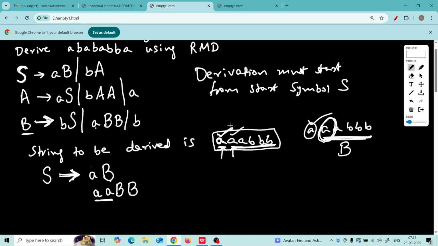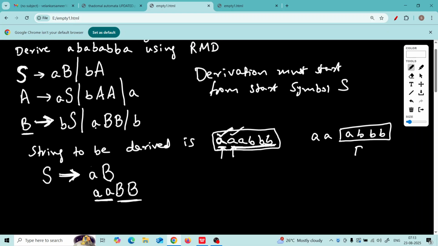Now somehow, these two B's should give us a single a, triple b. Think of this. What have you generated now? a generated. Now the string pending to be generated is single a, triple b. And we have double B pending in our derivation. Somehow these two B's must give us this remaining string.